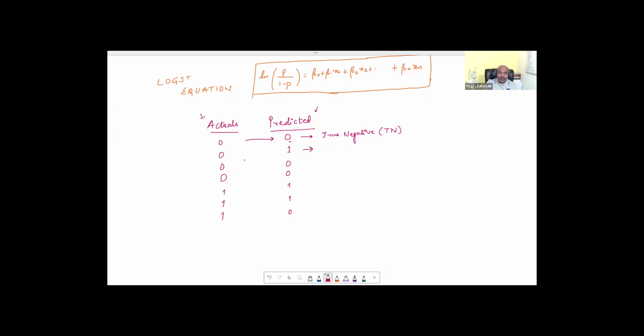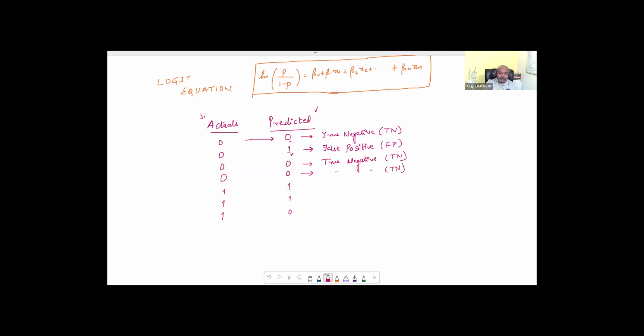Similarly, 0 to 1 is a wrong prediction, meaning it is false, and I have predicted it to be positive, so it is false positive, which is FP. Similarly, this becomes true negative, TN, and this also becomes true negative, TN.